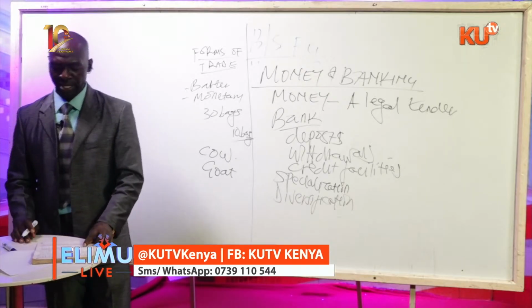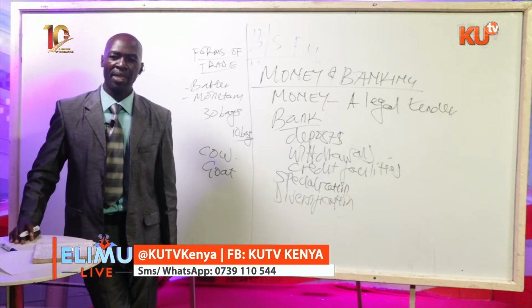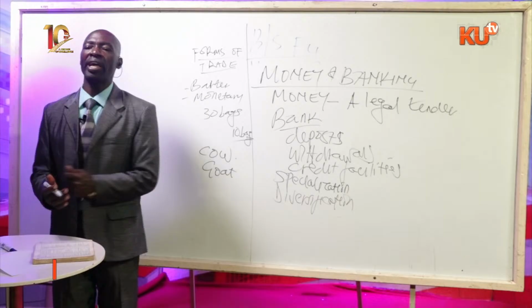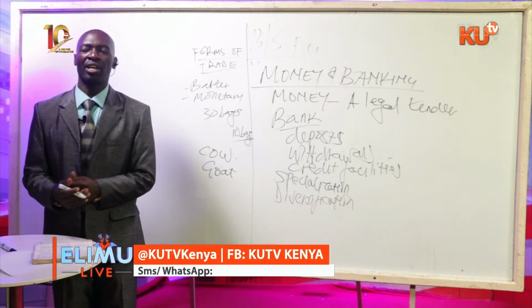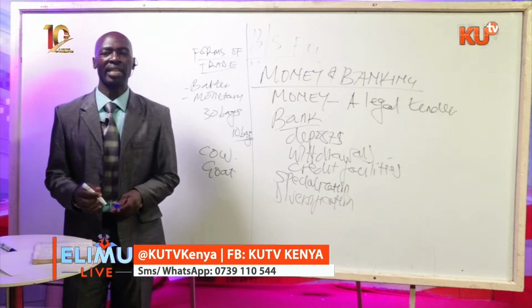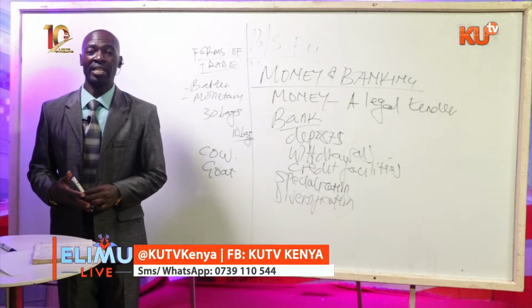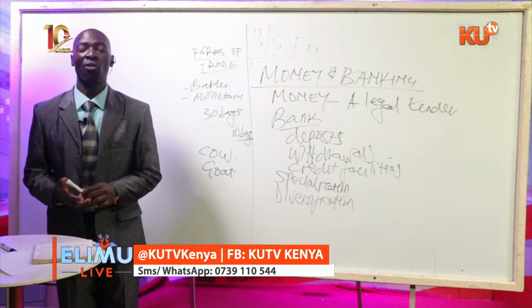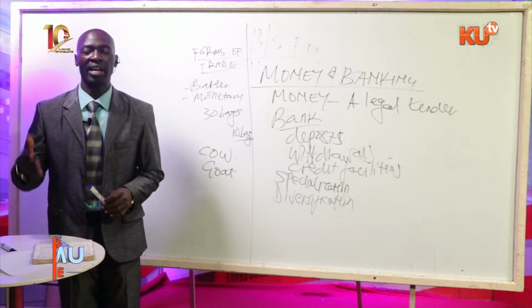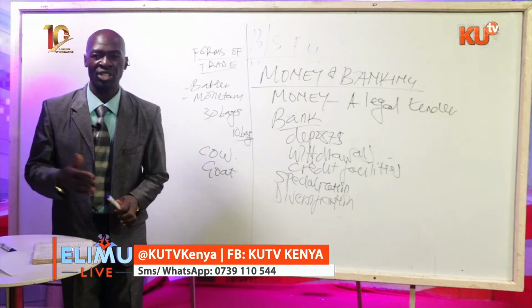As we had said, money is a medium of exchange. We had said that money is a legal tender, and a legal tender is a medium of exchange. Anything that is generally acceptable as a medium of exchange is money.